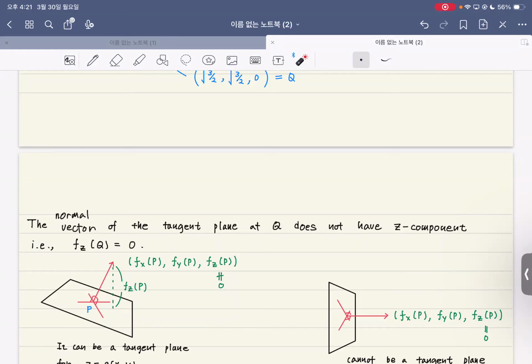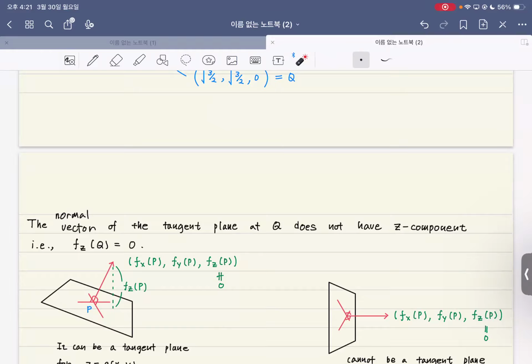When x, y, z are all 1, the last component, 2z, is clearly a non-zero number, since the z coordinate was 1 at the point P. Therefore, at that point, the tangent plane was not vertical.